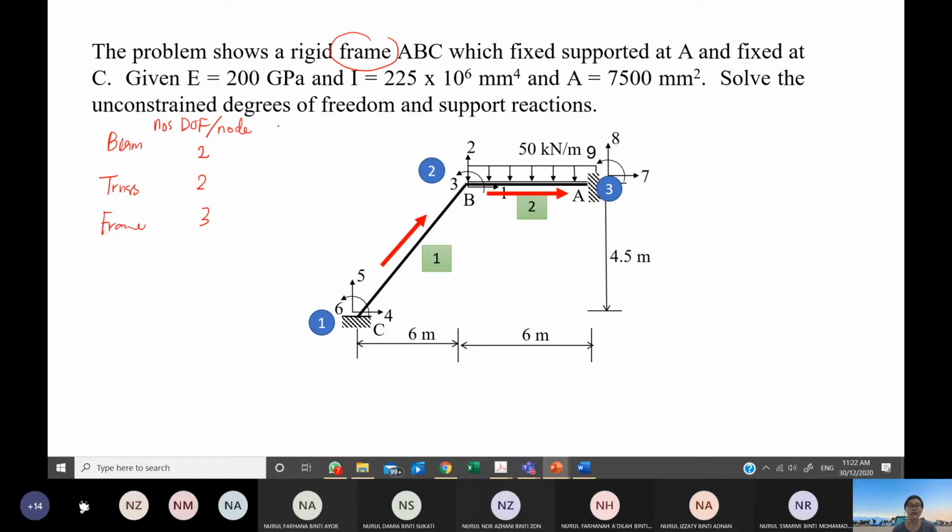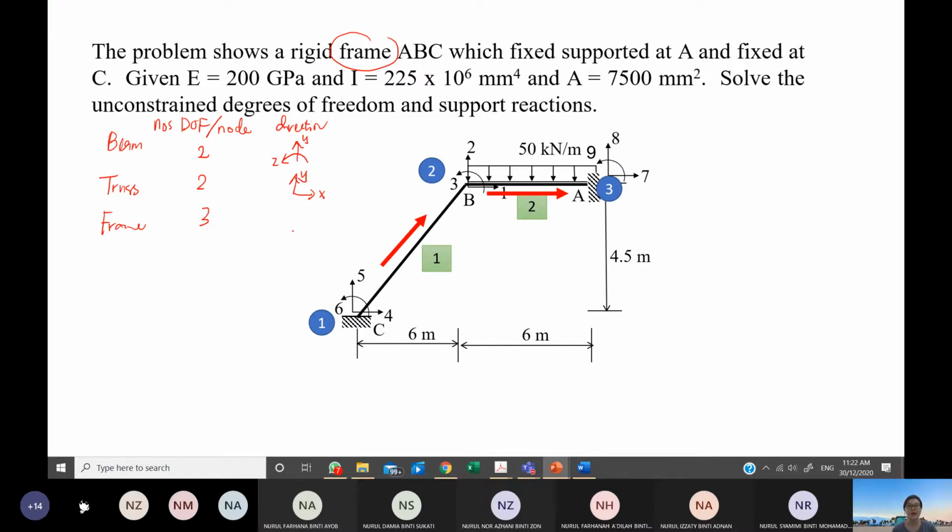The direction can be shown by arrows. For example, for a beam, it will be this direction, corresponding to the shear and the moments. For a truss, we are talking about the X and Y directions.